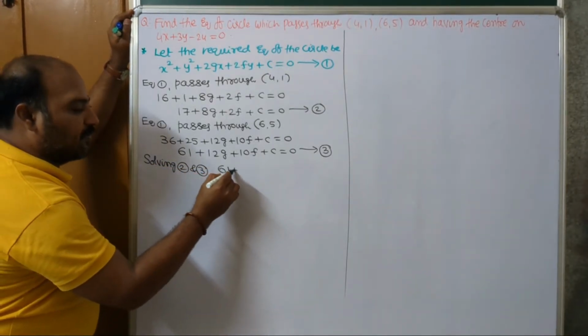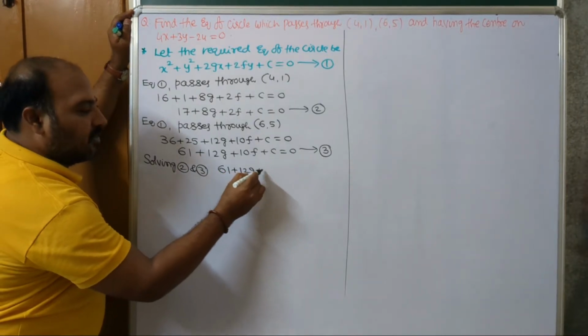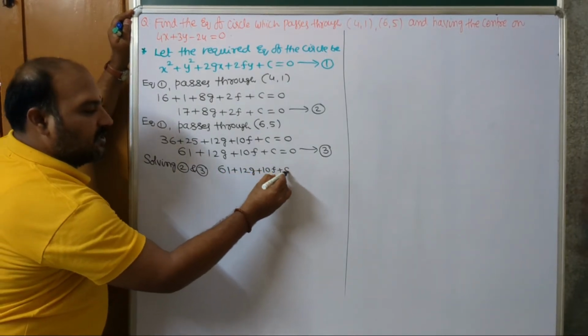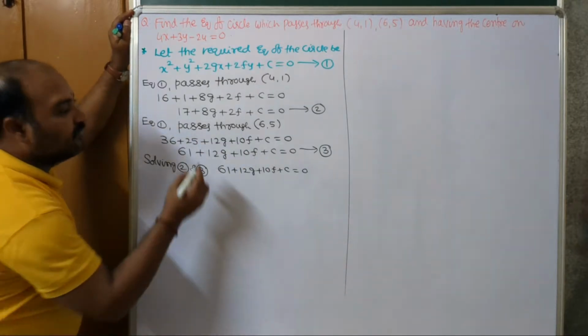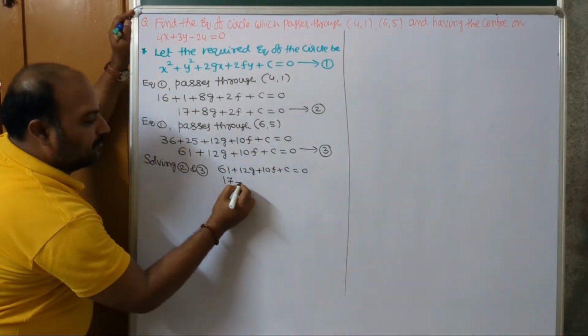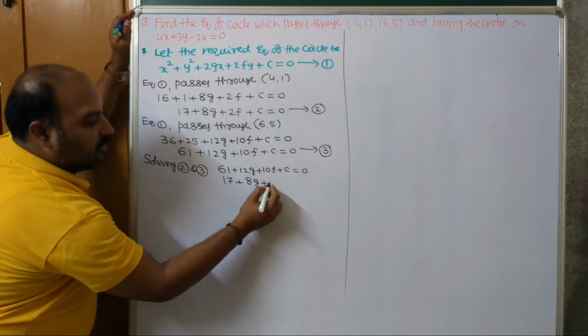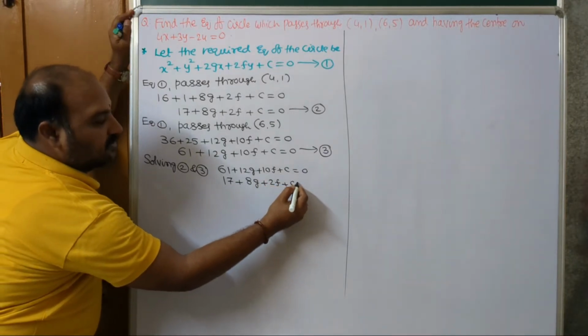So 61 plus 12g plus 10f plus c equal to 0. Here 17 plus 8g plus 2f plus c equal to 0.